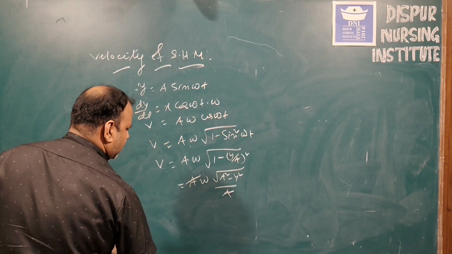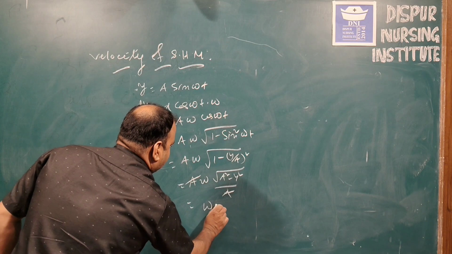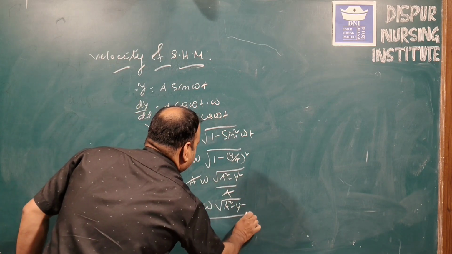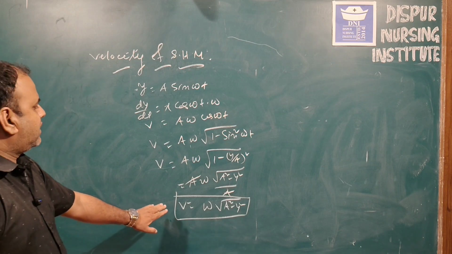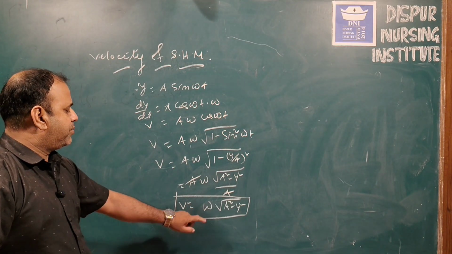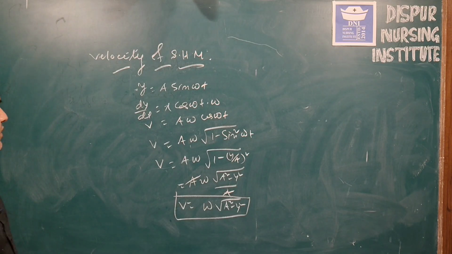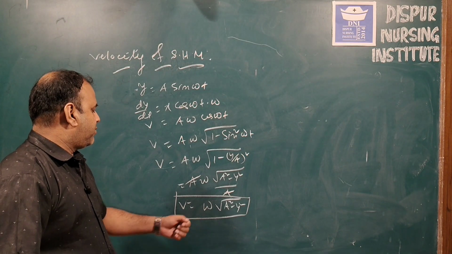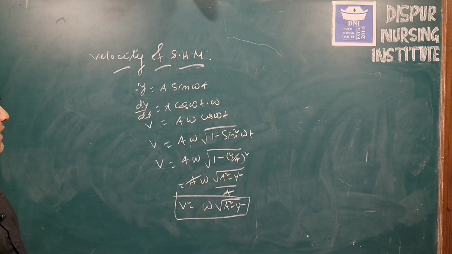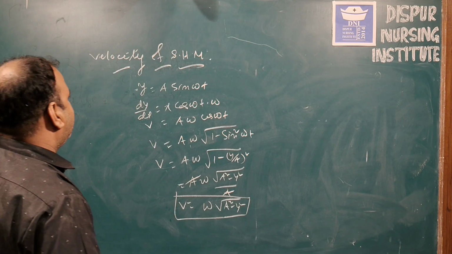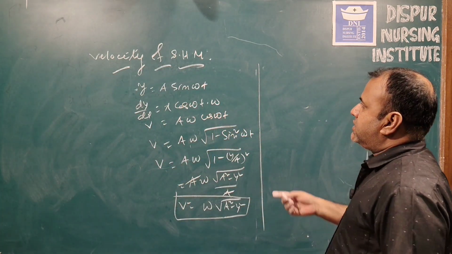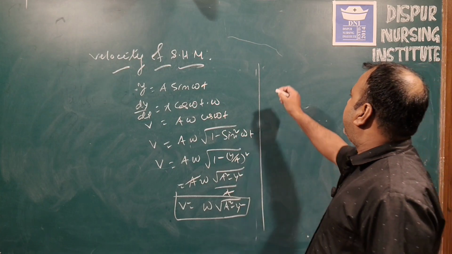So the a's cancel with each other, so v is equal to omega under root a square minus y square. So this is the velocity you are getting. Here omega means angular frequency, v means velocity, a means amplitude, and y means displacement. So this is a kind of formula. So what is the maximum velocity? This is the velocity of simple harmonic motion. So maximum velocity.